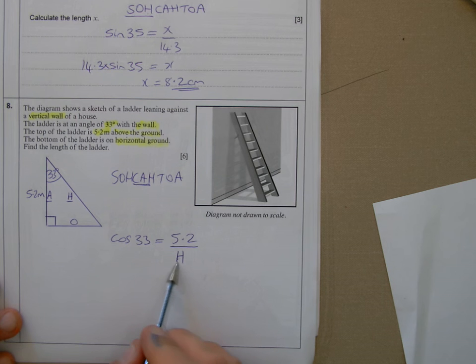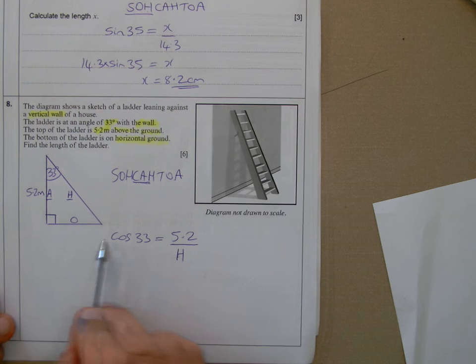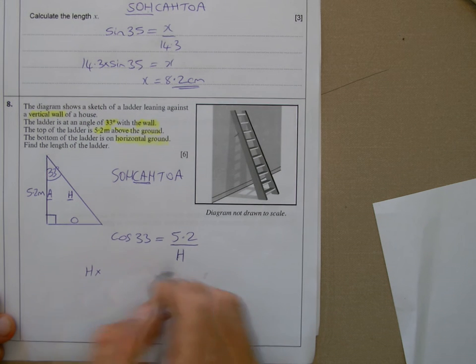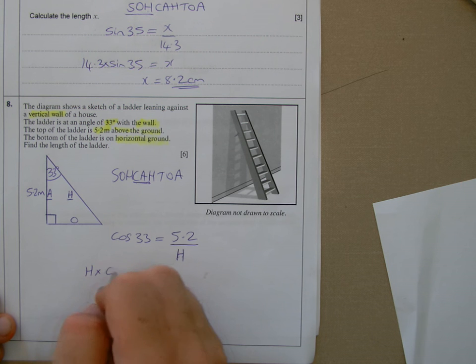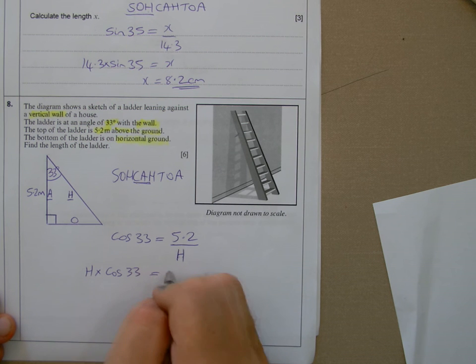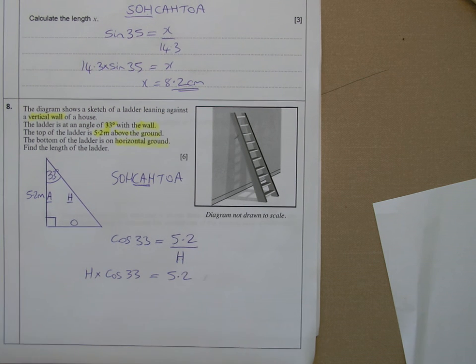So just like in the last question, where I was dividing by 14.3 and took it over and multiplied on the other side, I'll do exactly the same here. I'll take the H over and multiply, because I'm dividing by H. So I get that. Now I still don't want to type anything into the calculator yet, because I haven't got my H on its own.